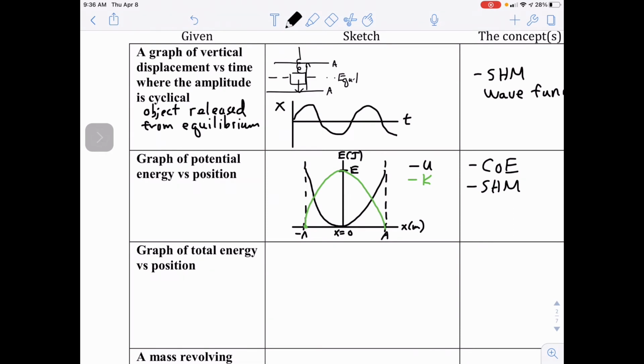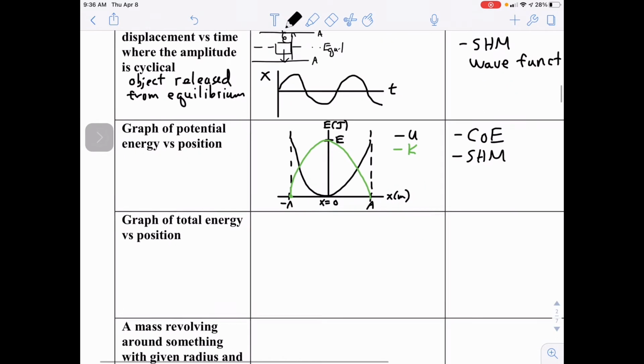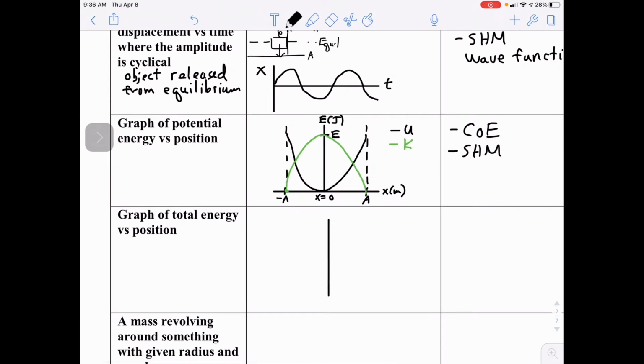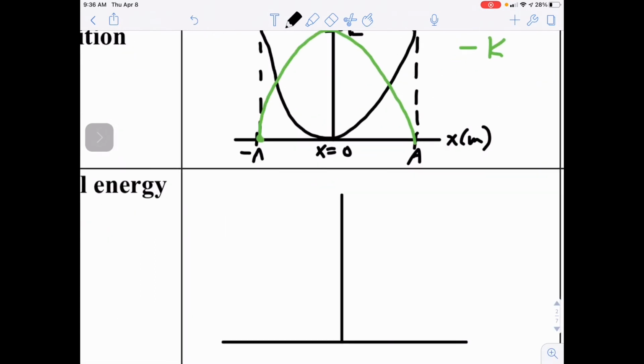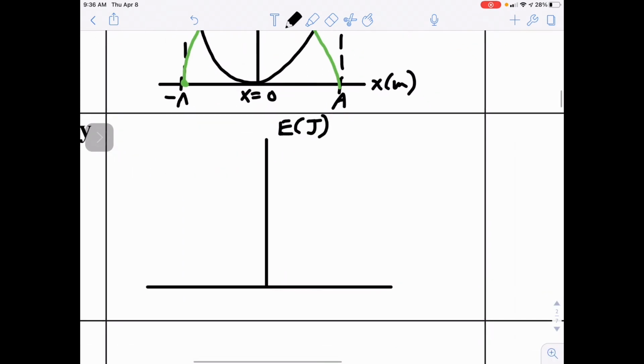Now, a graph of total energy versus position is very much the same thing. We're given energy in joules on the vertical axis. We're given distance in meters. Still have this amplitude here. Still have this amplitude here. Still have equilibrium in the middle.